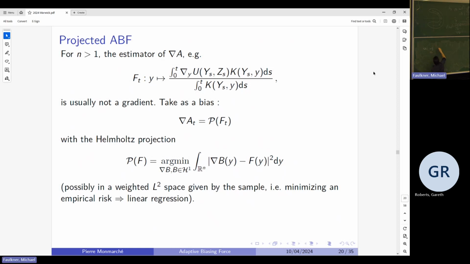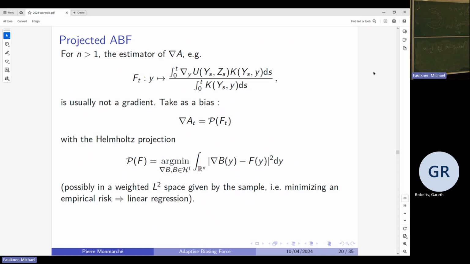It's the best approximation of, remember, this is gradient B of y minus gradient y u of y z, when you are considering the measure mu. These are conditional expectations or projections in L2 space, but L2 with respect to the probability measure.